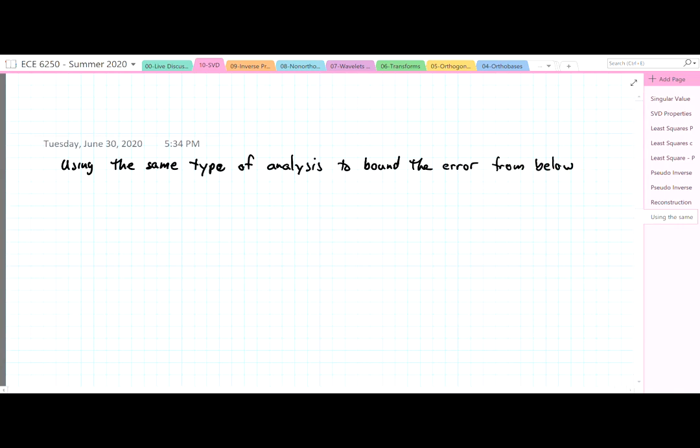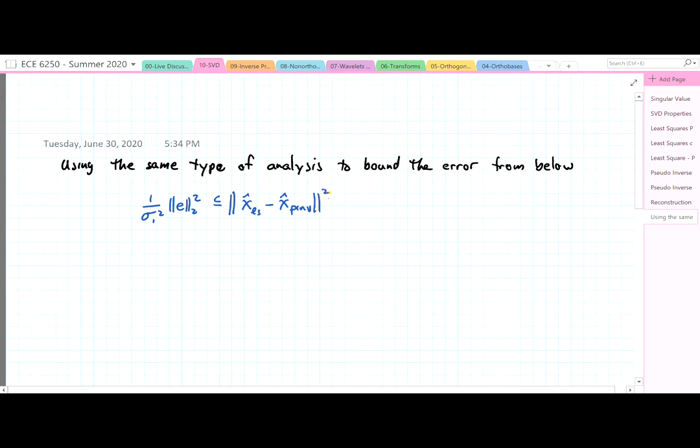We get 1 over sigma_1 squared times the norm squared of E less than or equal to X hat LS minus X hat for our clean case.